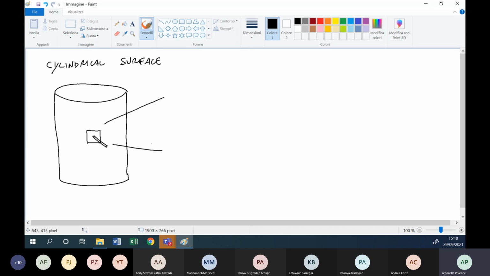If I do a zoom of this system, this one is 1 centimeter by 1 centimeter.